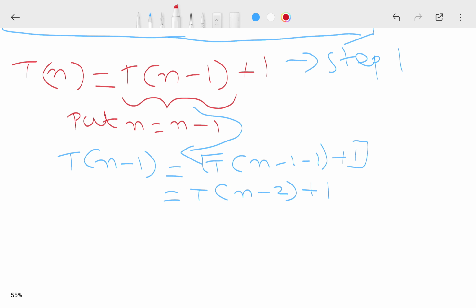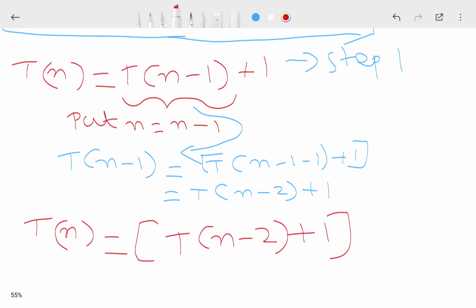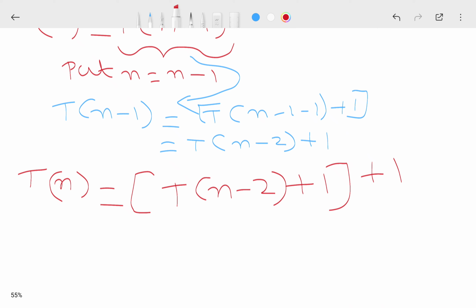So substitute the T of n minus 1 value in T of n in step 1. Instead of T of n minus 1, this is T of n minus 2 plus 1, and then again there is the plus 1. So it equals T of n minus 2 plus 2. So now T of n is equal to T of n minus 2 plus 2.